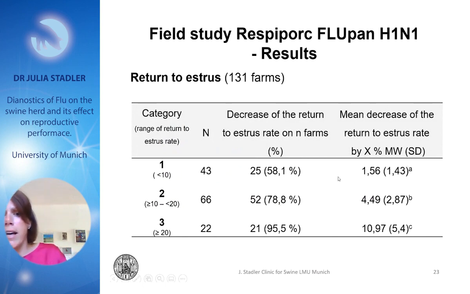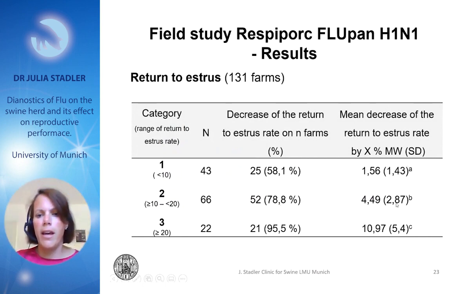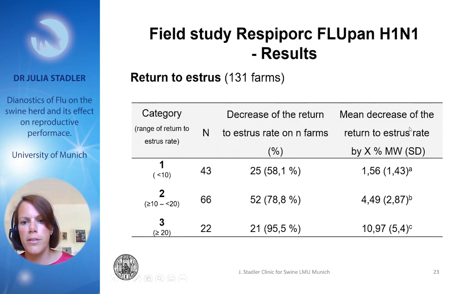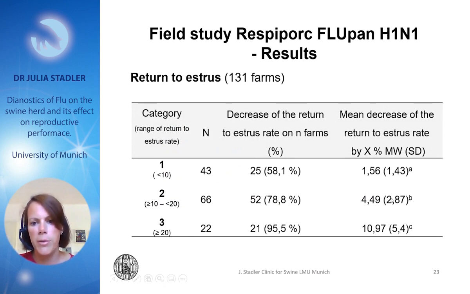You can see nicely in this table that the mean decrease of the return to estrus rate differed significantly between the three categories. This means that in farms with a high return to estrus rate before vaccination, the return to estrus rate could be reduced more significantly than in farms with a low return to estrus rate before vaccination.